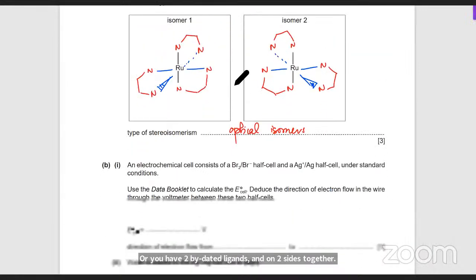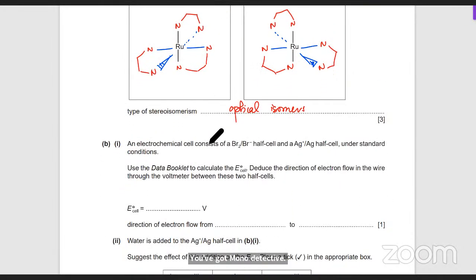Okay, what else is there? An electrochemical cell consists of a Br2/Br-1 half cell and an Ag+1/Ag half cell. Use the data booklet to calculate the E0 cell, and deduce the direction of electron flow in the wire through the voltmeter between these 2 half cells. So open the data booklet.